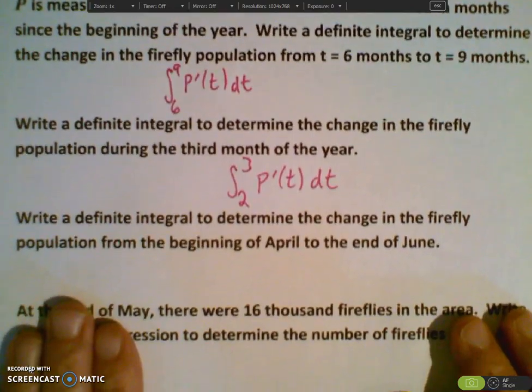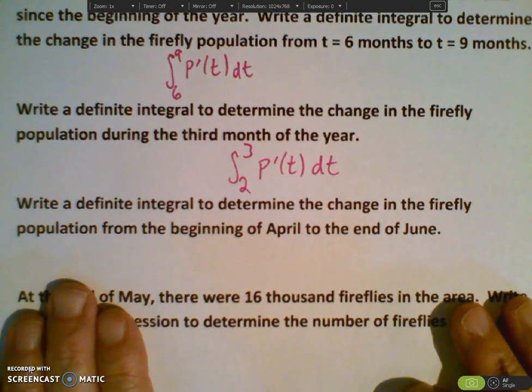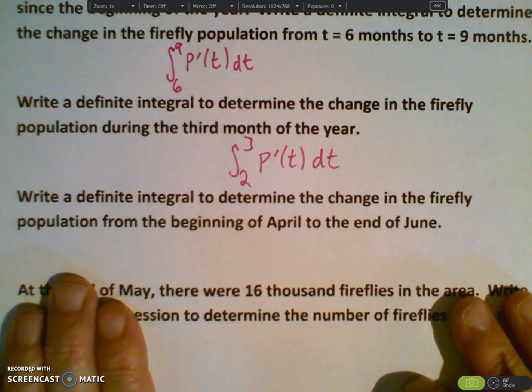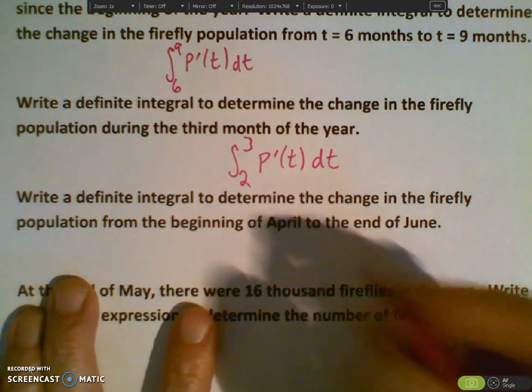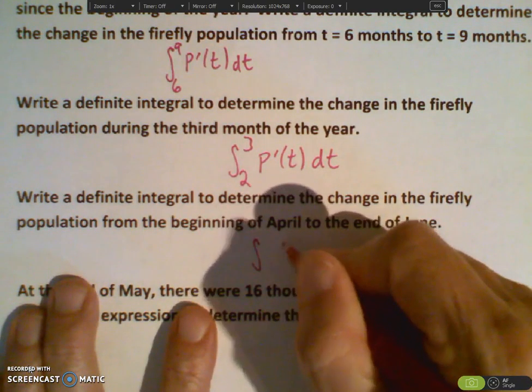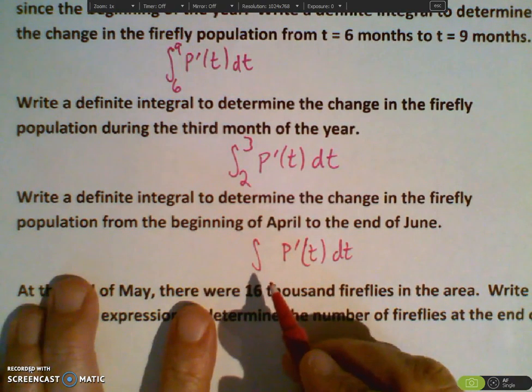Let's try this next one. Write a definite integral to determine the change in the firefly population from the beginning of April to the end of June. Again, this one is pretty tricky. When they say the beginning of April, a lot of people think, well, April is the fourth month, so I should begin my definite integral at 4. That would be incorrect though, because after 4 months, you're at the end of April.